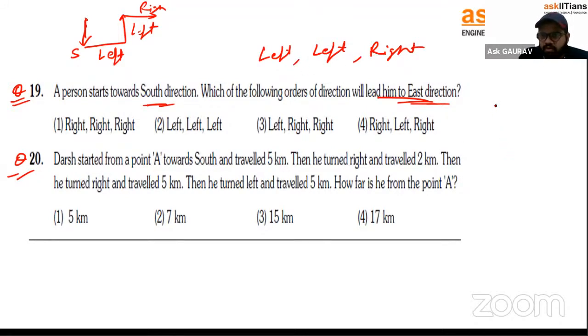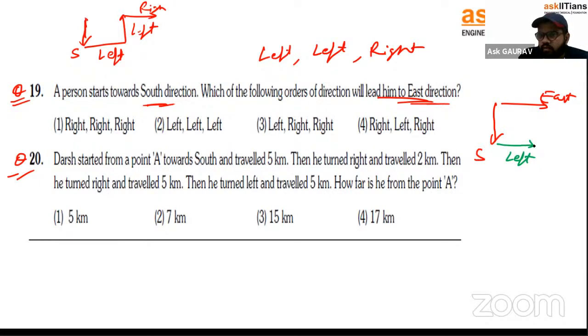And understand this question. You are facing south, and this is your east. How will you reach? Let's suppose you are driving a car. This will be your left.